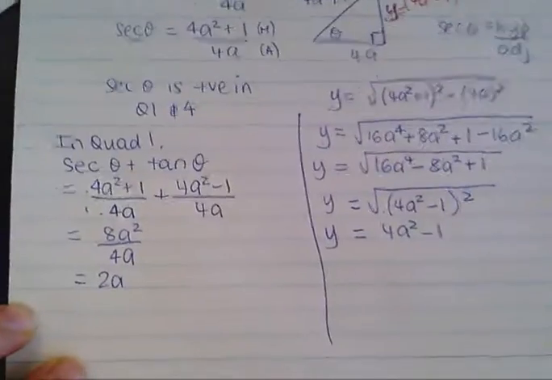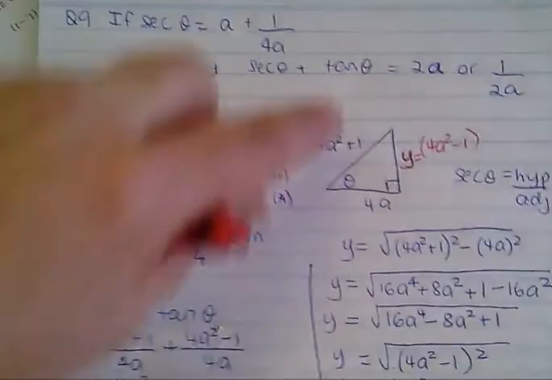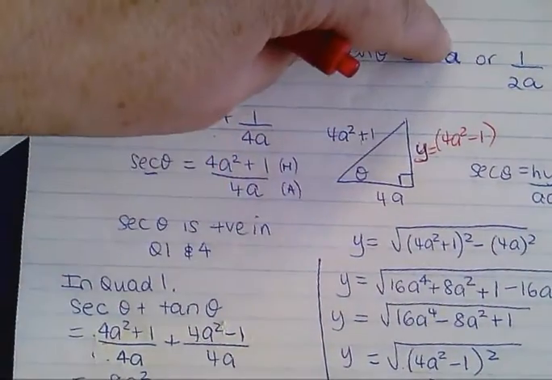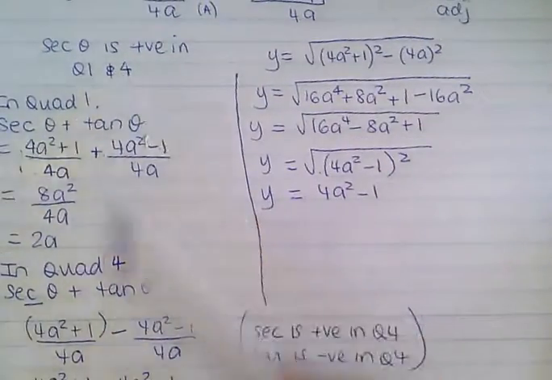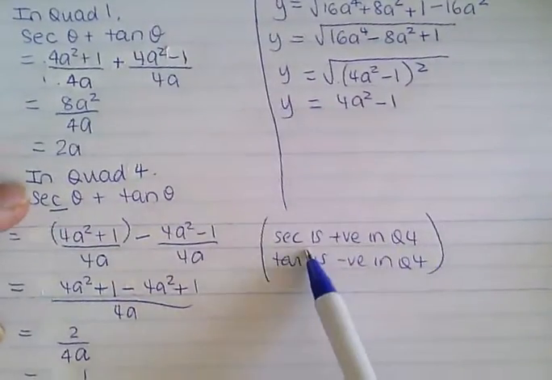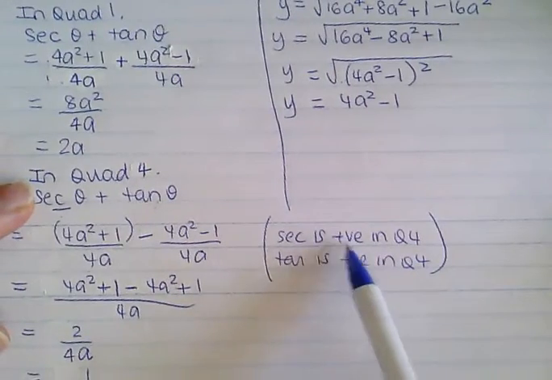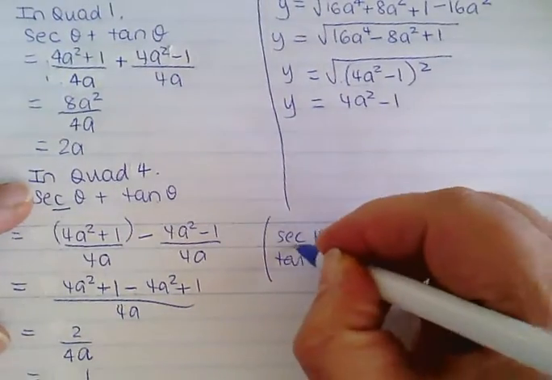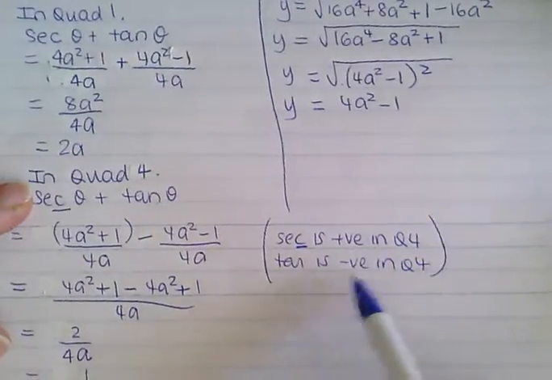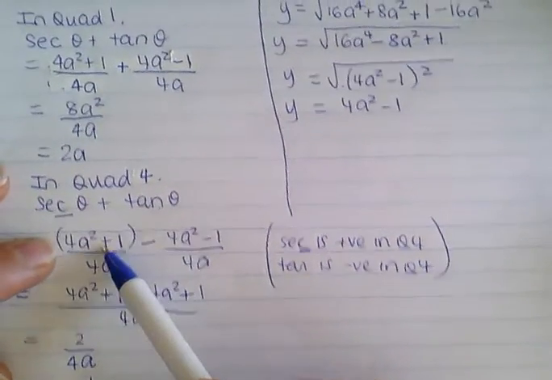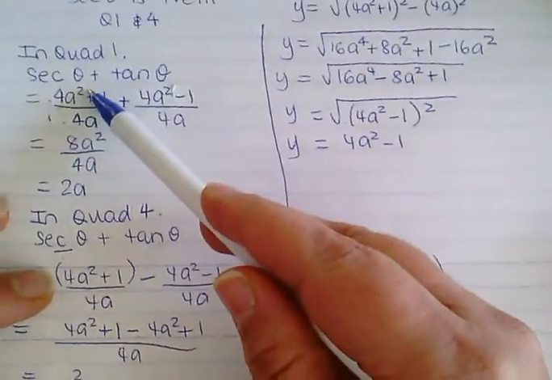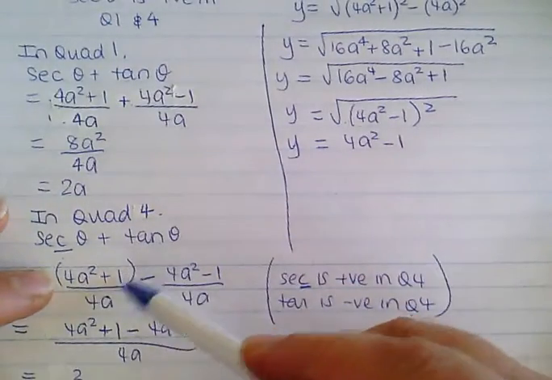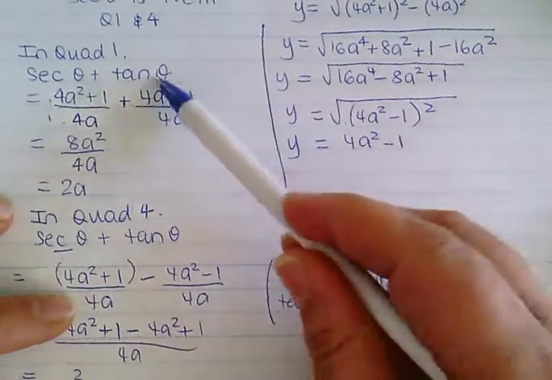Great. And the other result: it says show that sec theta plus tan theta is 2a or 1 on 2a. So the other result is in quadrant 4. In quadrant 4, sec is positive because it's a reciprocal of cos, and tan is negative. So sec is the same as what we had before, positive, 4a squared plus 1 over 4a, but the tan ratio will be negative.